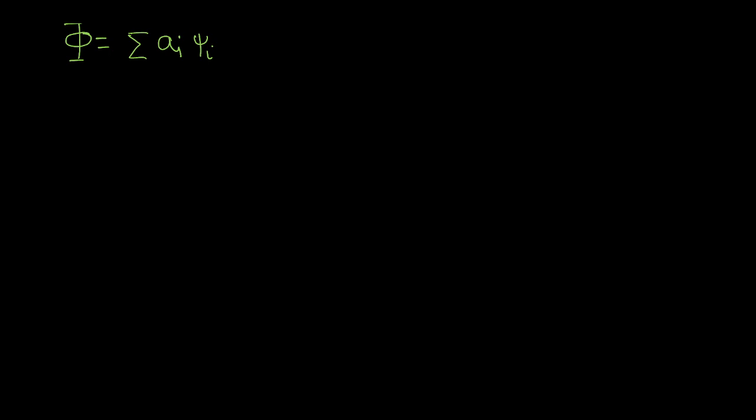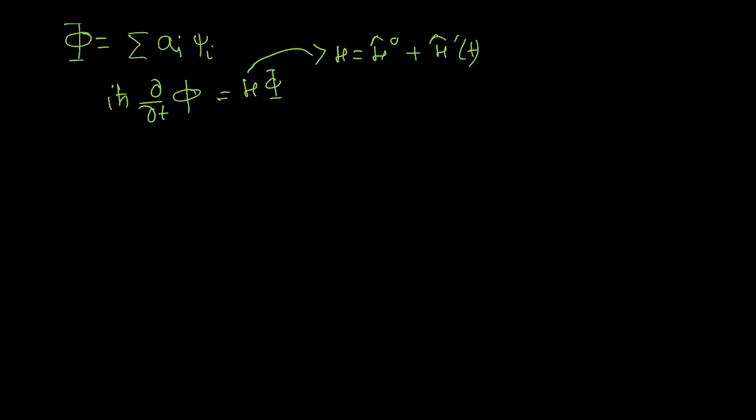If we solve the time dependent Schrodinger equation, i h cut d psi/dt equals H psi, where H is the unperturbed Hamiltonian plus some perturbed Hamiltonian. I am just writing the final part.